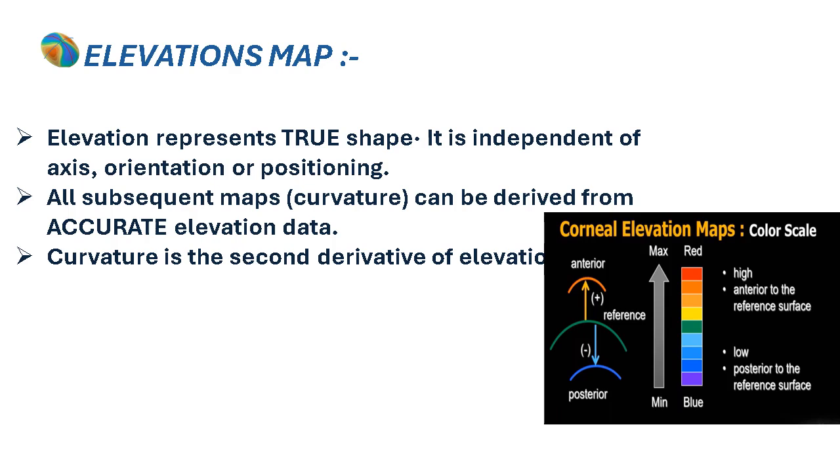Another thing, that the elevation maps are independent of the axis or the orientation or the positioning of the patients. Even if the eye is moving somewhere, the elevations will be properly represented in the elevation map.